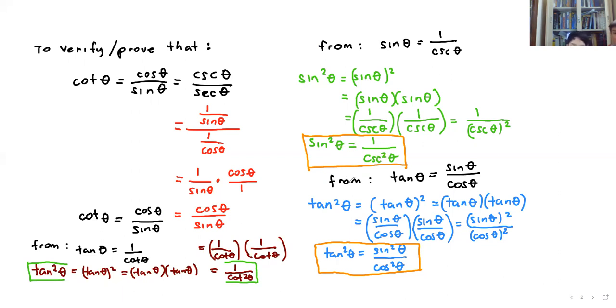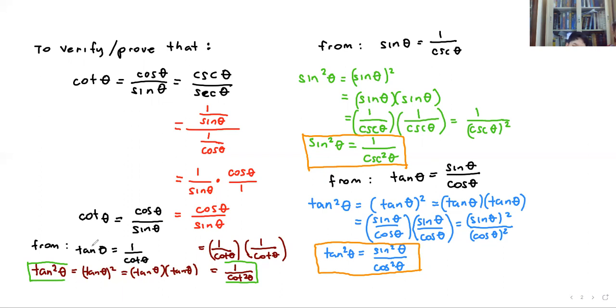In like manner, from the quotient identity, tangent theta is equal to sine theta over cosine theta, we will find out that tangent squared theta is also equal to sine squared theta over cosine squared theta.